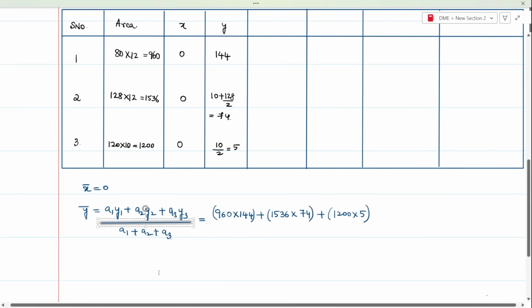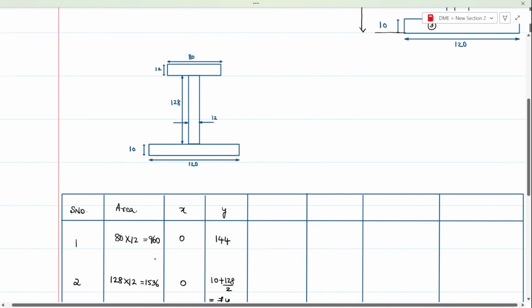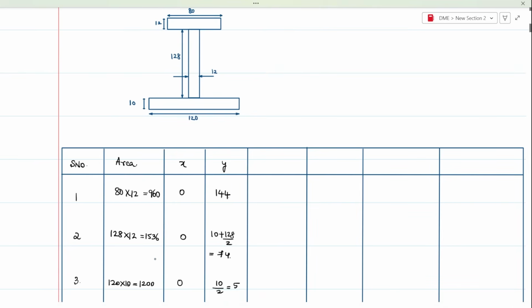Now the summation of areas is 960 plus 1536 plus 1200. Upon calculation, y bar will be equal to 69.78 millimeters.